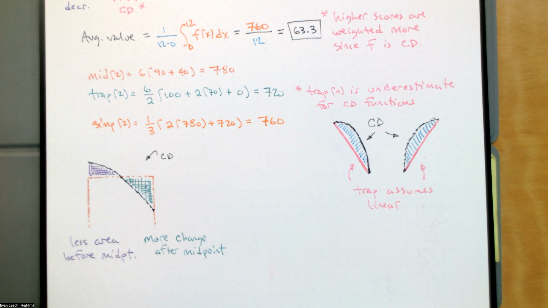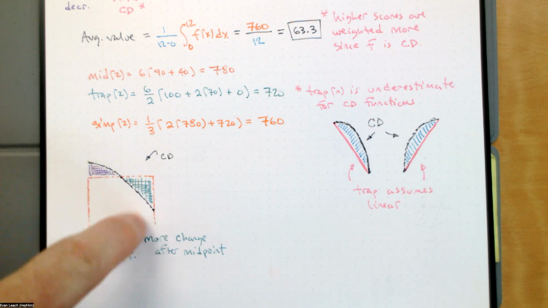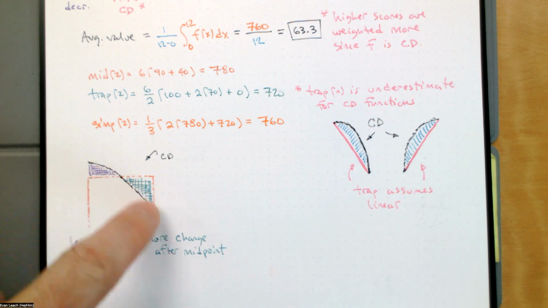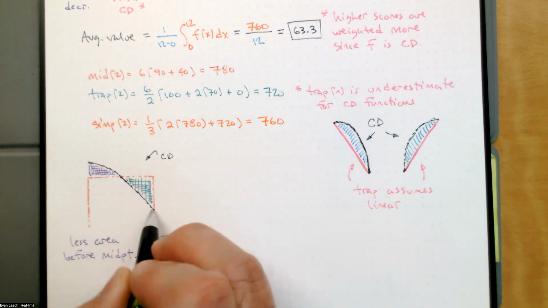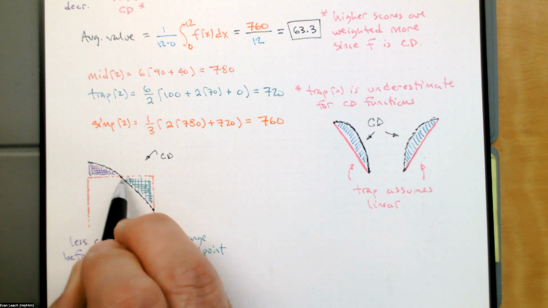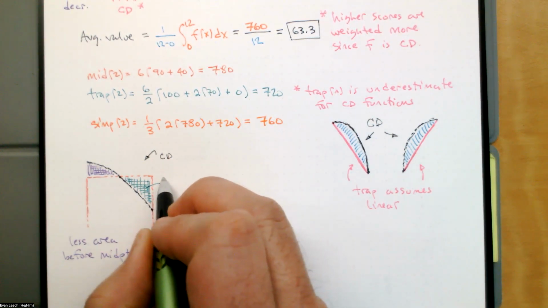Before the midpoint is where we are missing some values. After the midpoint is where we are keeping more of the values. So we have more here that we're keeping, that area after, that's in our rectangle, but not under our function. So the green part is overestimate.